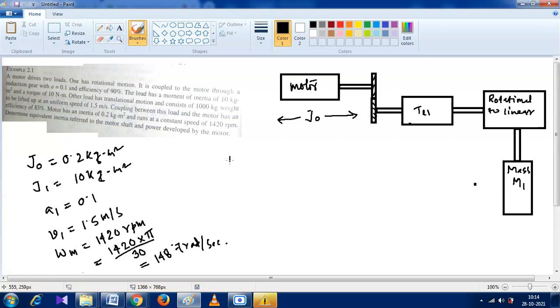Now tell me the equation of J is equal to J0 plus J1 into what? A1 square. First we have to write A1 square into J1.